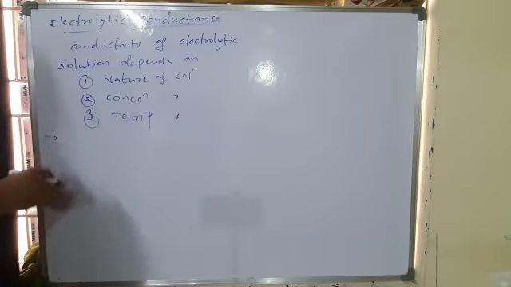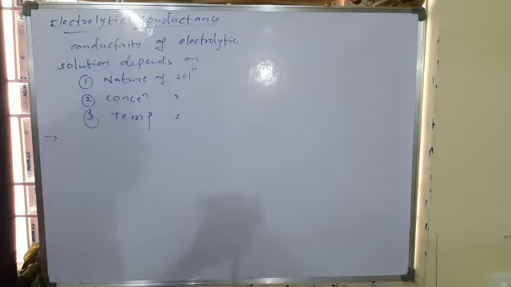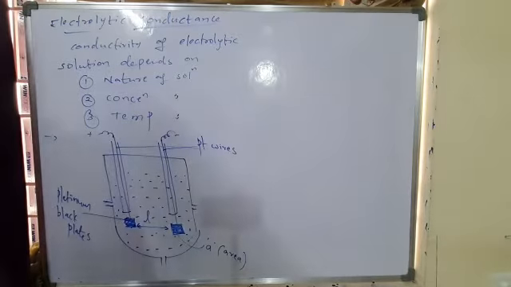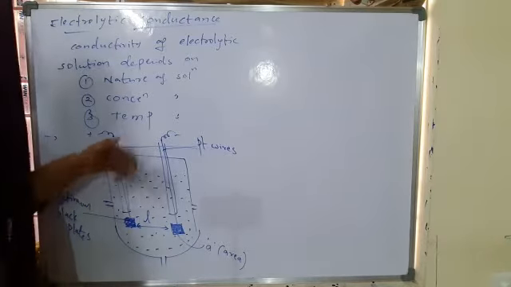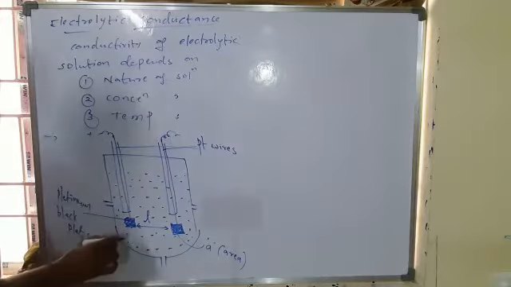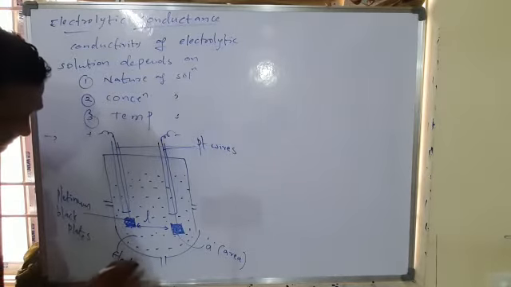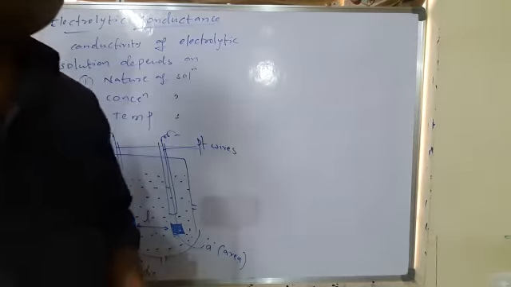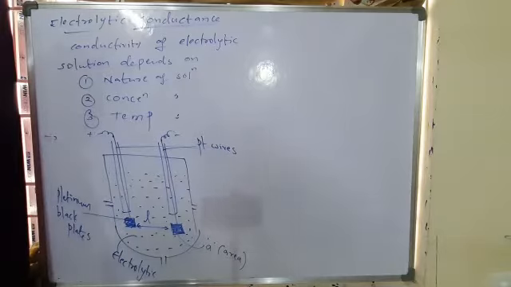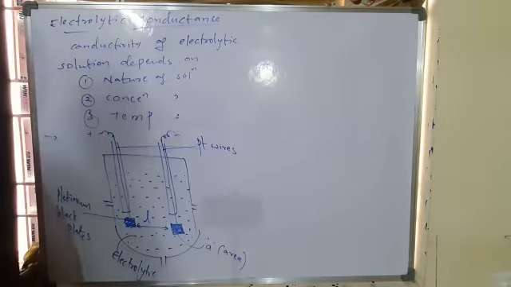Now let's see what the conductivity cell is and how it is made. The conductivity cell is a U-shaped cell having two platinum wires dipped in the electrolytic solution. Electrolytic solutions are generally salt solutions or acid or base solutions.